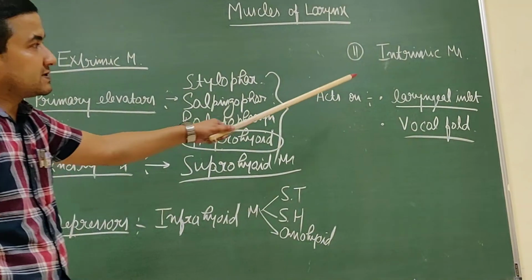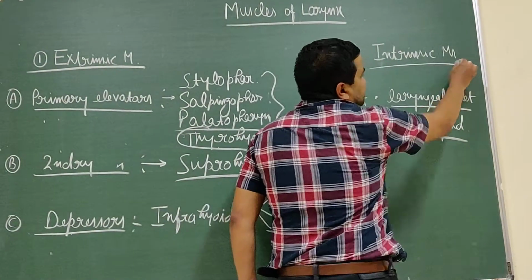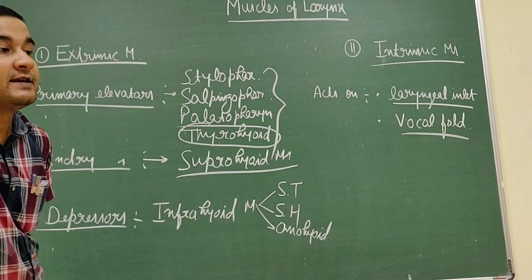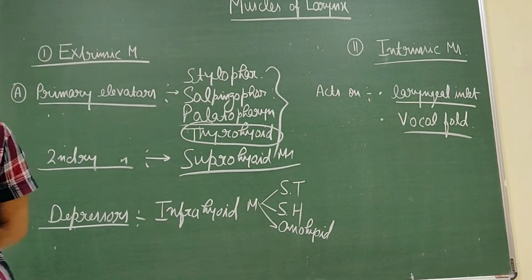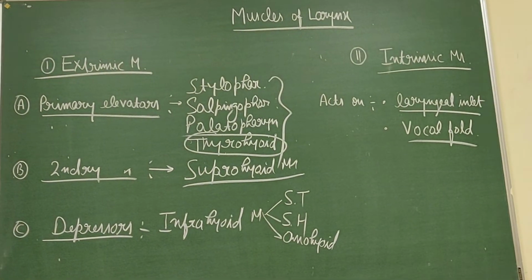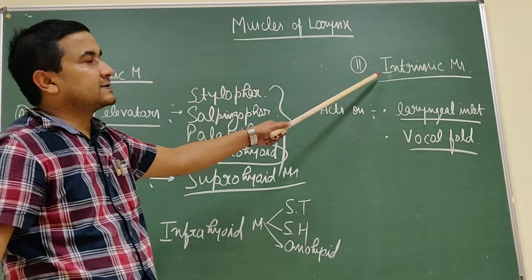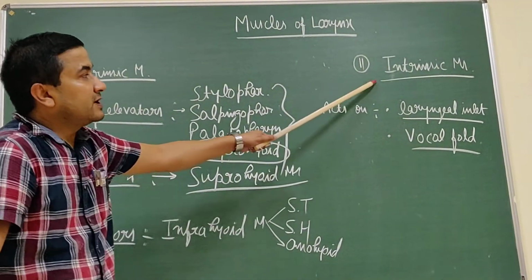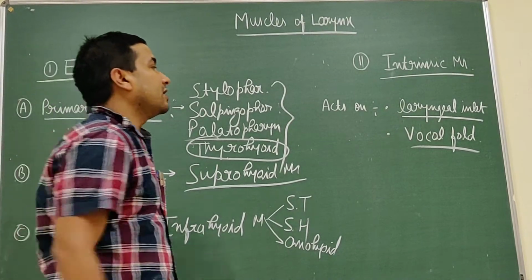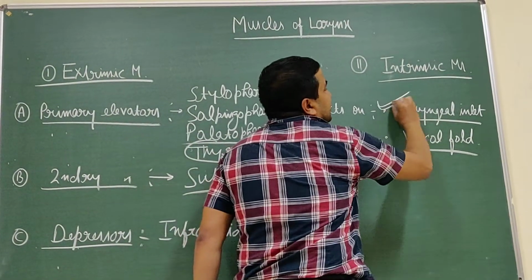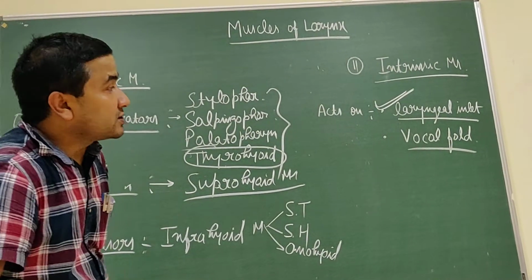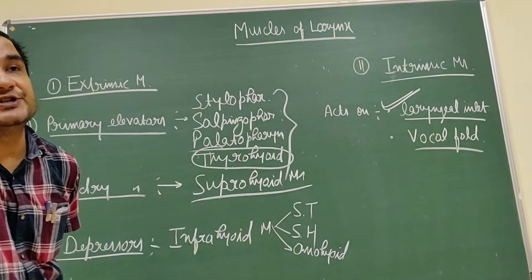Now the intrinsic muscles. The intrinsic muscles are those that connect the cartilages of the larynx. Their action is on the opening, that is the laryngeal inlet. They open or close the laryngeal inlet.